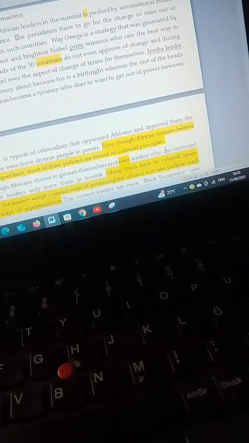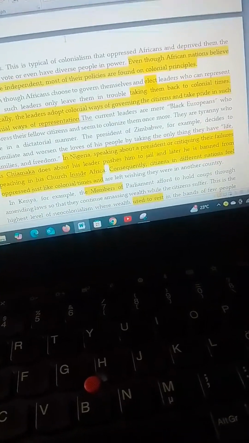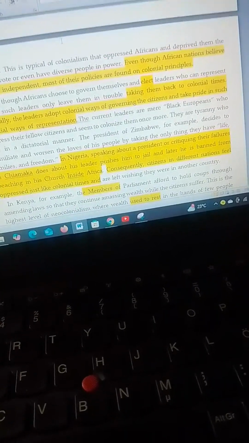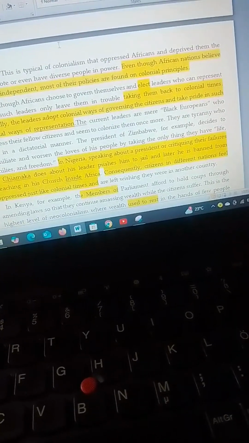Even though African nations believe they are independent, most of their policies are found in colonial principles. Paragraph 2. Even though Africans choose to govern themselves and elect leaders who can represent them, such leaders only leave them in trouble, taking them back to colonial times.